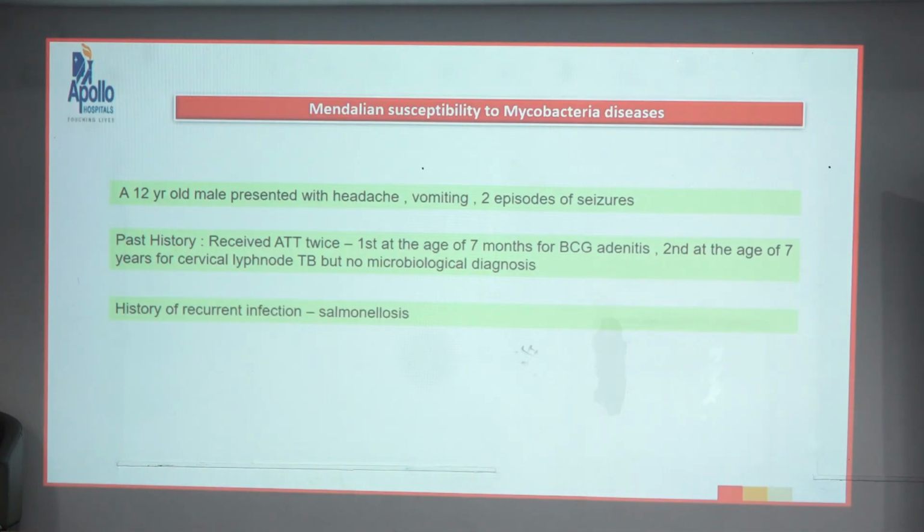Now, he had a history of recurrent infection like salmonellosis. He had a history of 2 episodes of pneumonia requiring hospitalization. So, to sum up the history of the patient, it seems that the patient is prone to recurrent infection. So, this is what is known as Mendelian susceptibility to mycobacterial diseases.